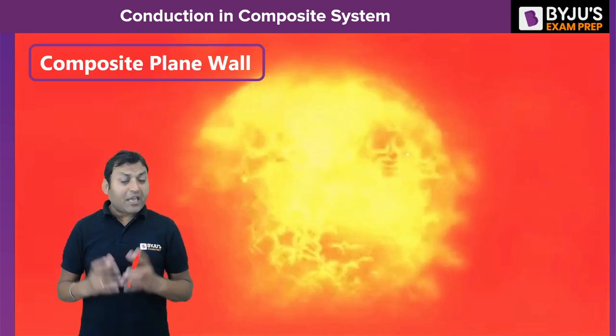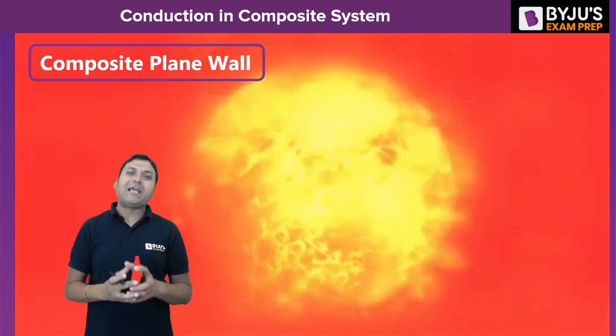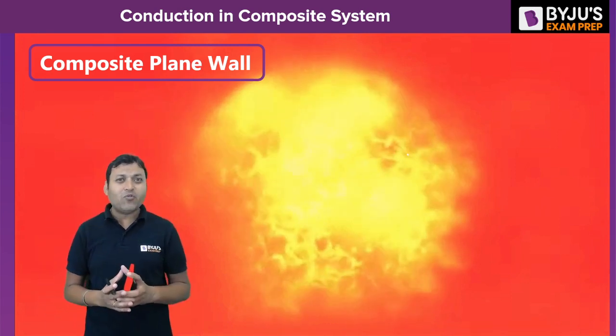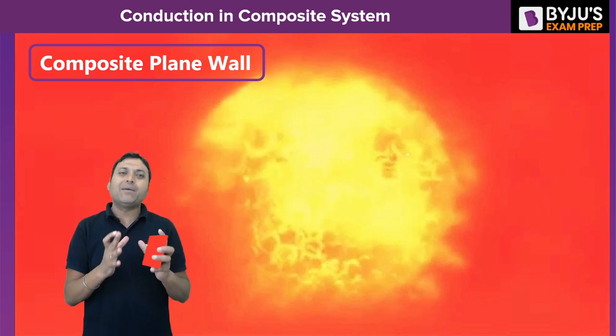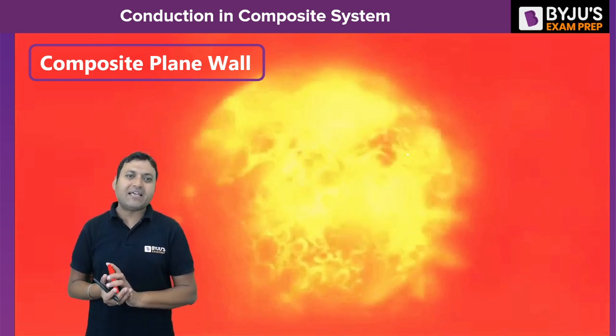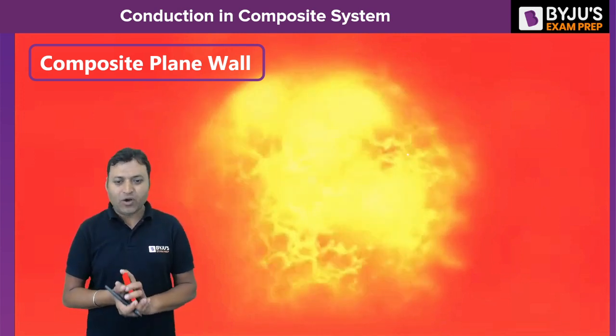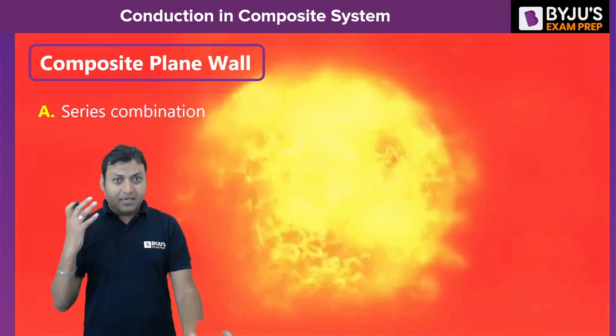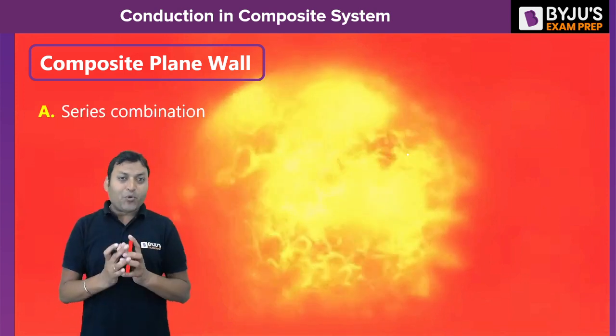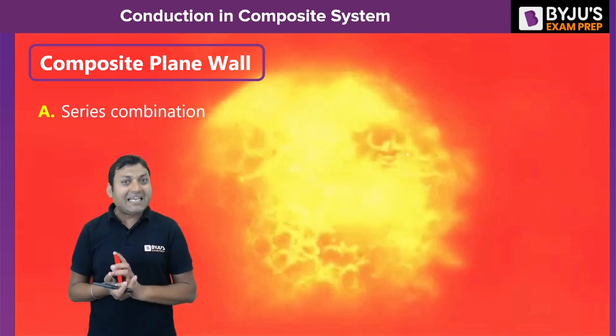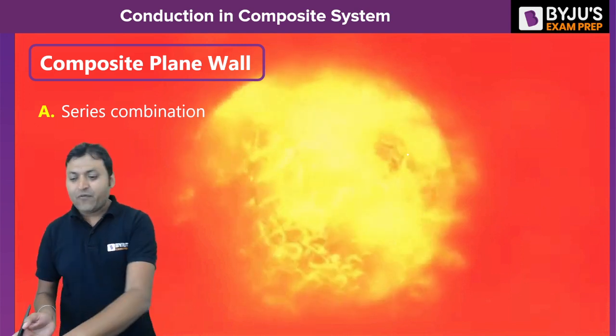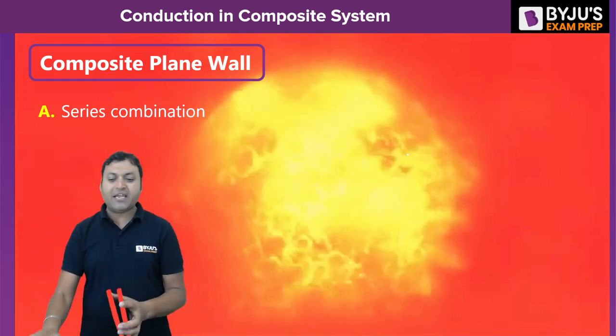Now, if we talk about a composite plane wall, what is a composite plane wall? When a wall is made up of more than one material, it becomes a composite wall. The composite plane wall can have a series combination of materials. When do we call it a series combination?